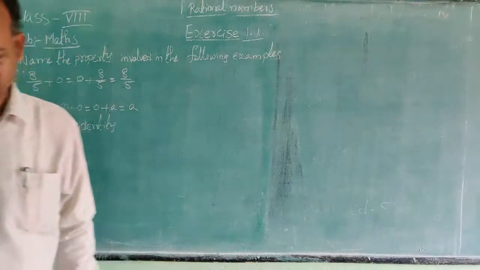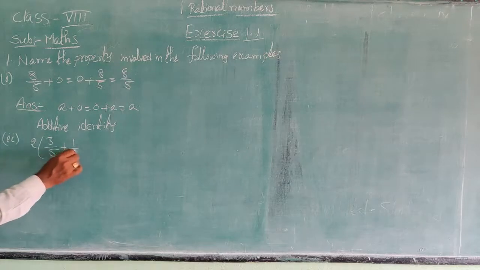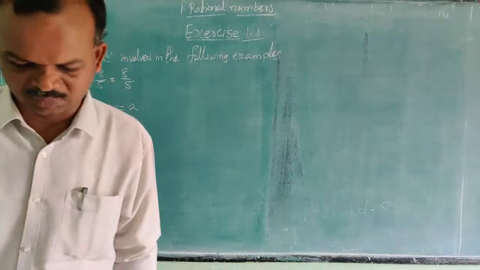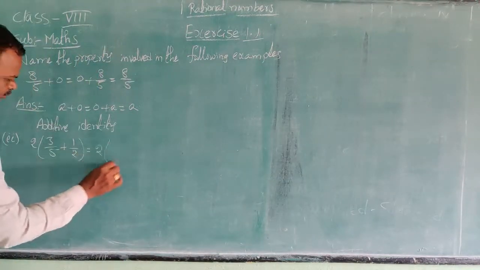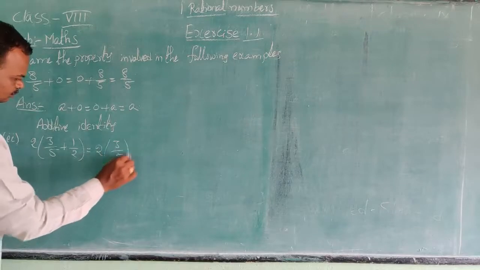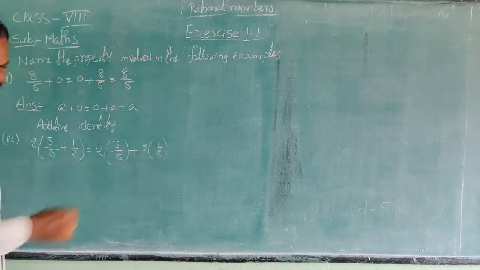Second one is 2 into 3 by 5 plus 1 by 2. 2 into 3 by 5 plus 1 by 2 is equal to 2 into 3 by 5 plus 2 into 1 by 2.